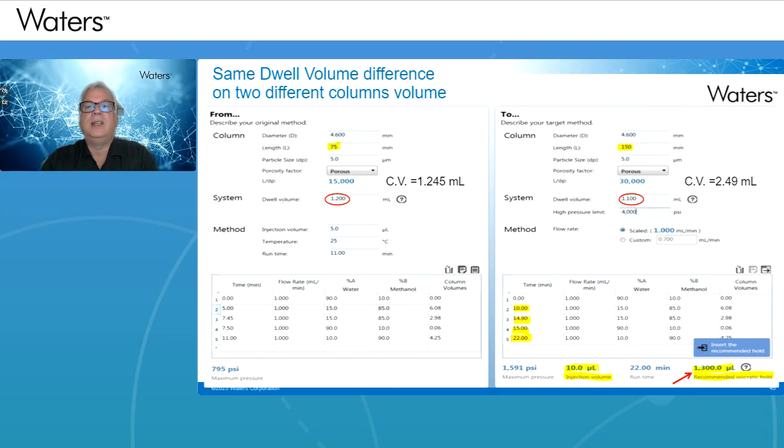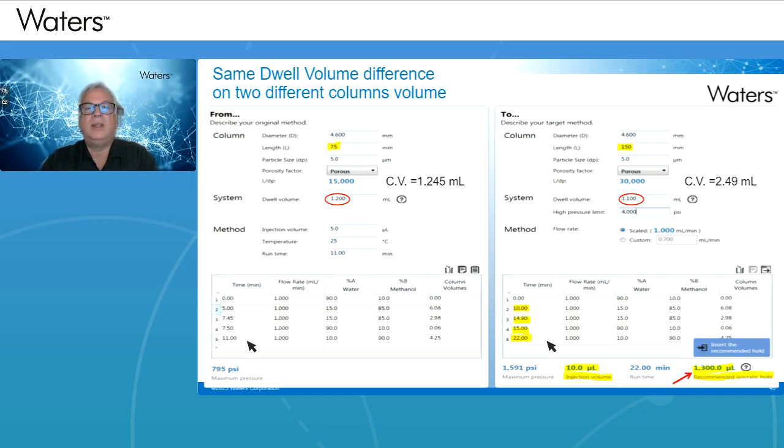Now, if we are using a different column, I'm using the same 2 systems, I mean, the 1.2 and the 1.1 in terms of dwell volumes, so that's the same as the previous one. But now I'm using a column that is twice as long. Many people will say, well, we just have to double the time here. So the 5 minutes becomes 10 minutes, my 11 minutes becomes 22 minutes. That's right.